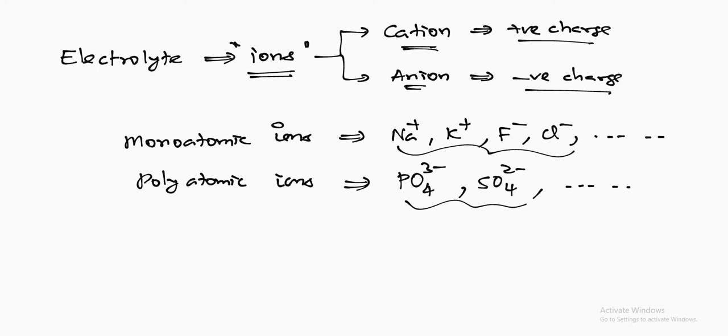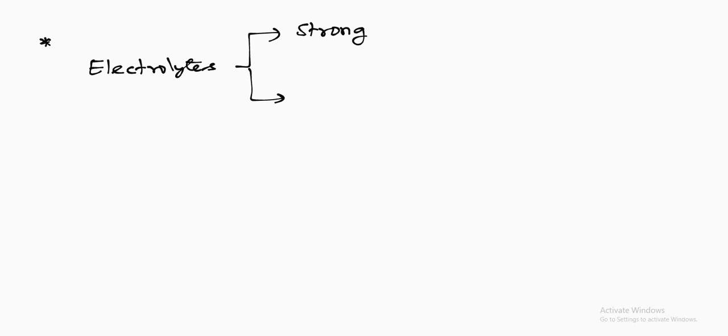We classify electrolytes in general into two. We classify electrolytes basically into two: strong electrolytes, and the other one is weak electrolytes.